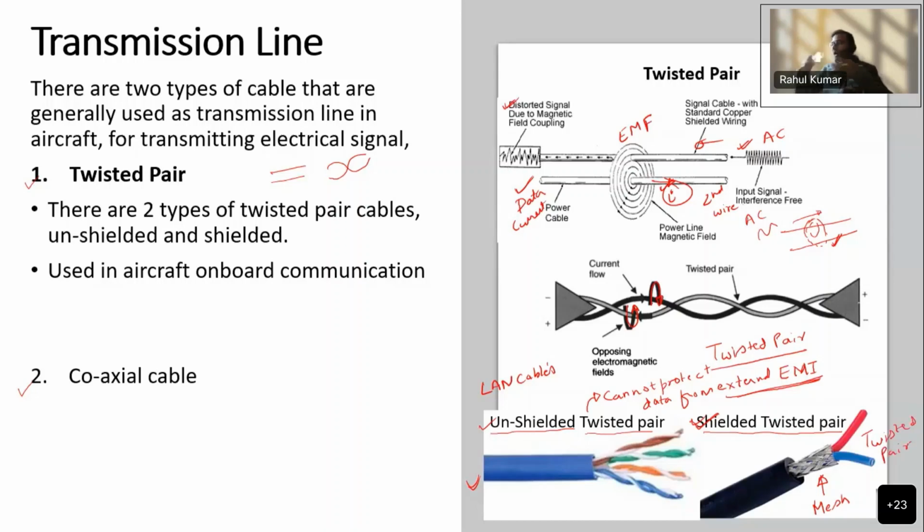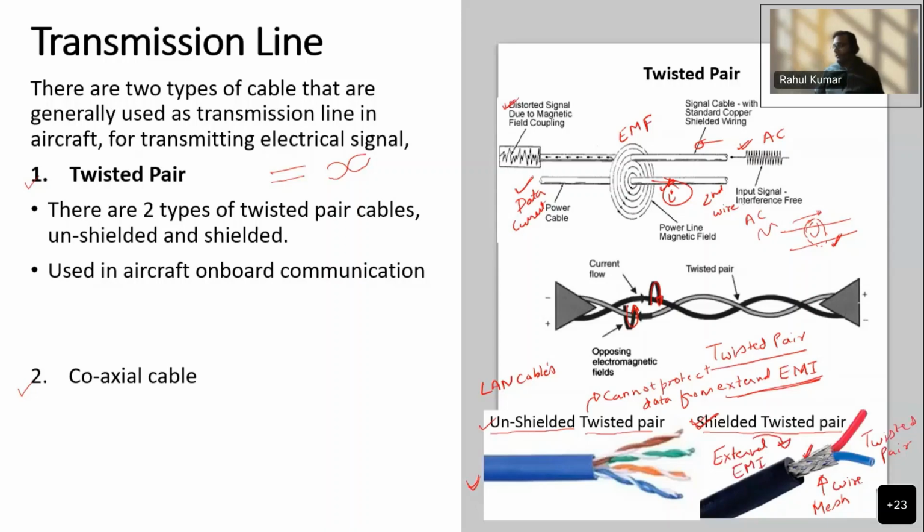So around it, you have a wire mesh. Any external electromagnetic interference will first link with this wire mesh and produce a current in that wire mesh.